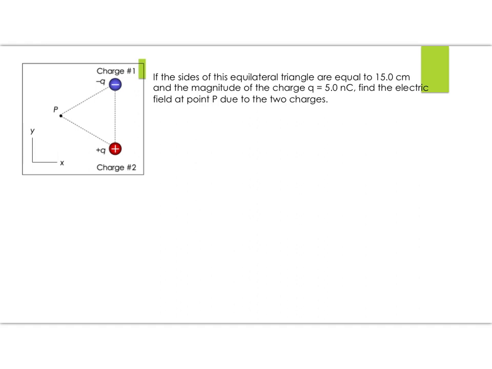Now they ask us to actually do a calculation. So I'm just going to rewrite these, relabel them, just to remind us. Now I draw the vectors first, then I figure out how big they are. E1 and E2 have the same magnitude.